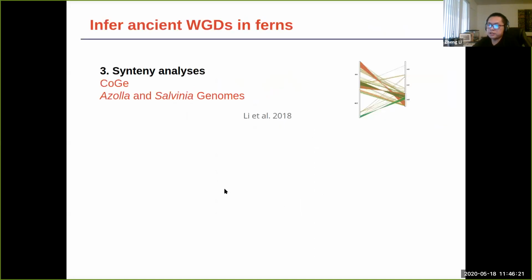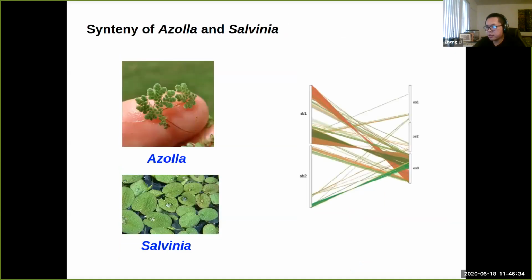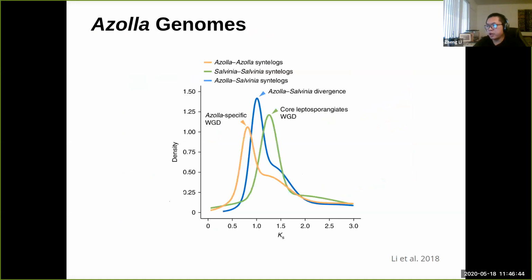And with the syntenic analyses, we have the first two fern genomes, Azolla and Salvinia, in collaboration with Fay-Wei Li at Cornell University. With the high-quality genomes, we first look at the synteny from CoGe, getting those collinear blocks in the genomes. We extract the duplicate genes from those regions, and those are called syntelogs.